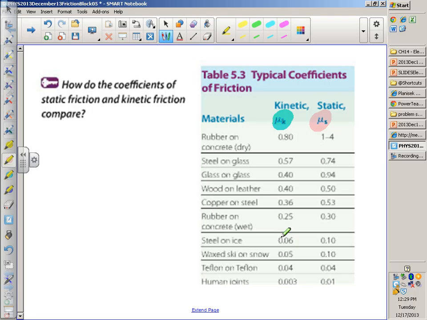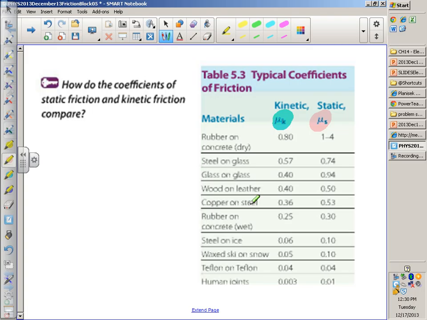Greater. They are all greater. What does that tell you about moving an object? Once you exceed the maximum static friction, you actually use less force to move it. So it takes more force to get an object to move, and then inertia takes over.